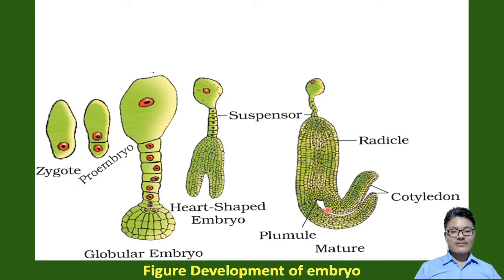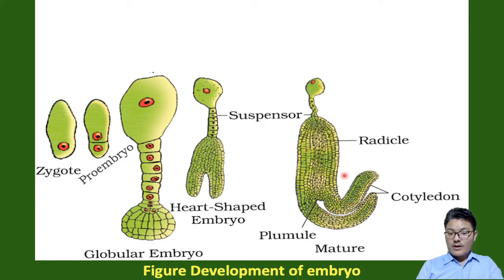This is a diagrammatic representation given in your NCERT textbook, wherein there is development of the proembryo from the zygote, which enters the globular embryo, which later develops into the heart-shaped embryo. You can see the suspensor cells. The main function of the suspensor cell is to help push the embryo into the endosperm, so that the embryo receives nutrients and undergoes growth and development.